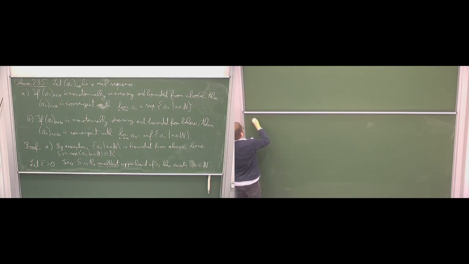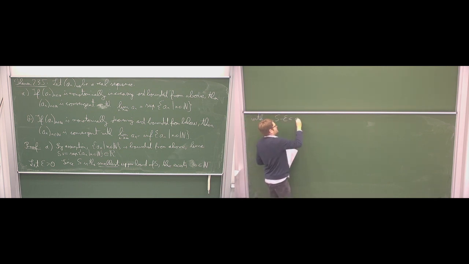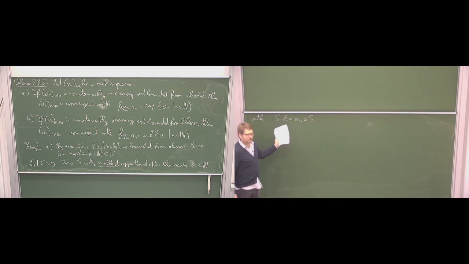with S minus epsilon smaller than a_n0, which is of course bounded from above by S, since S is an upper bound. So this we can always find, and here we needed the boundedness of the sequence. Now the monotonicity is the key argument here.